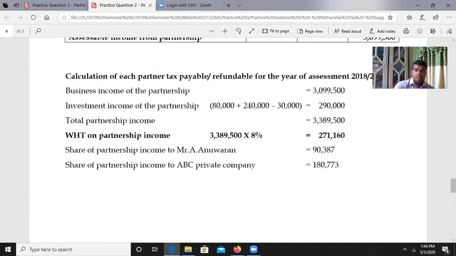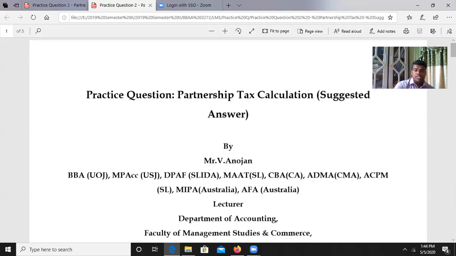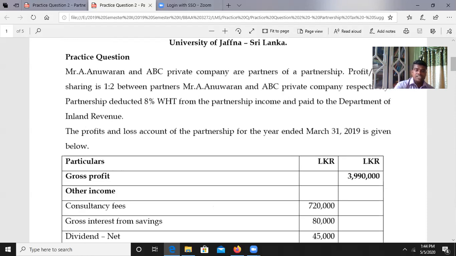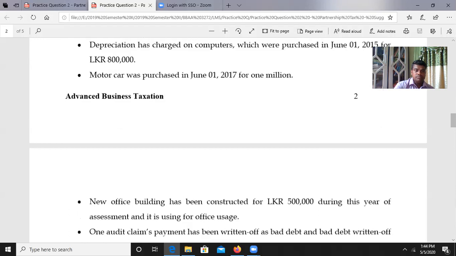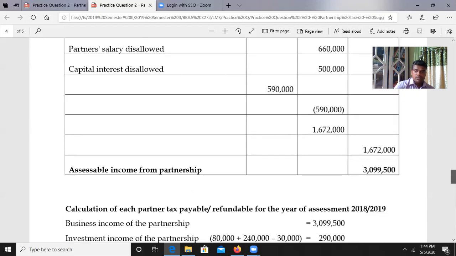So we completed this question. The suggested answer: you can use this answer after your calculation.